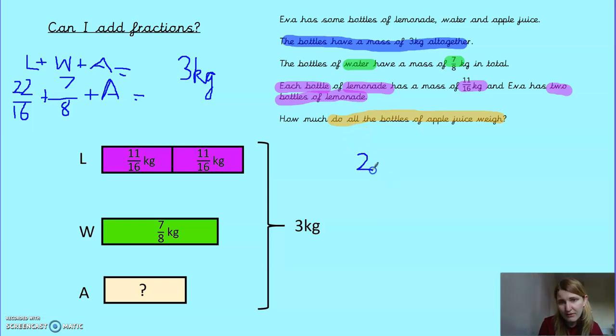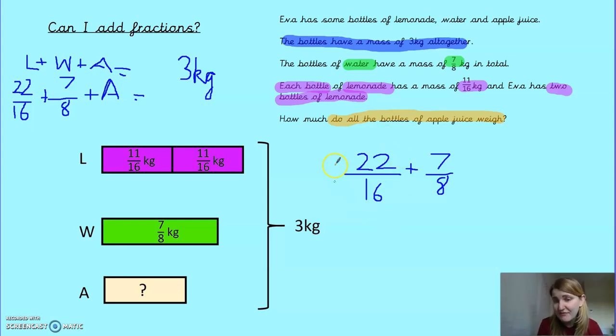Well, when I'm adding fractions, I'm going to want my denominators to be the same, aren't I? Looking at my denominators so far, I've got 16 and 8. 16 is in both times tables, but actually I prefer it smaller.